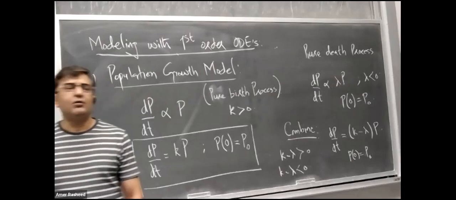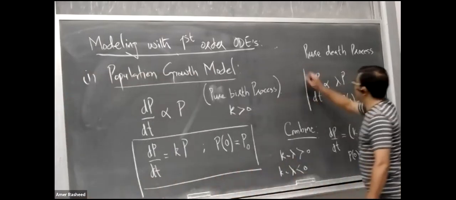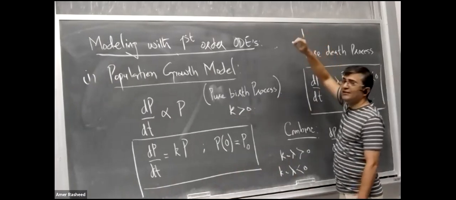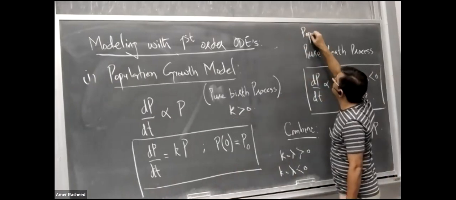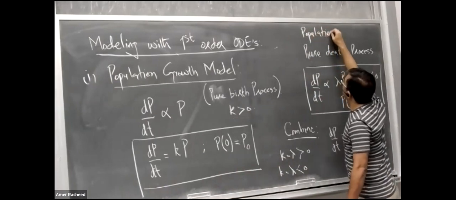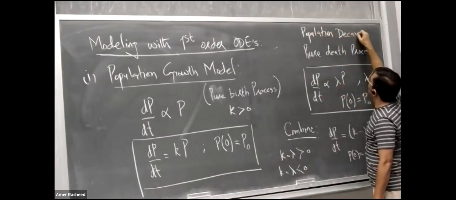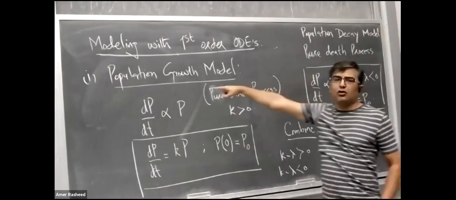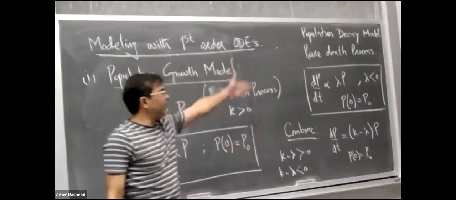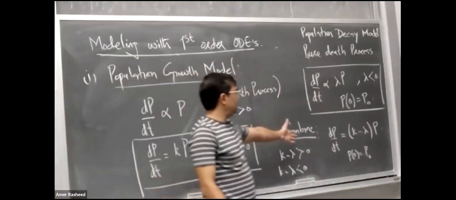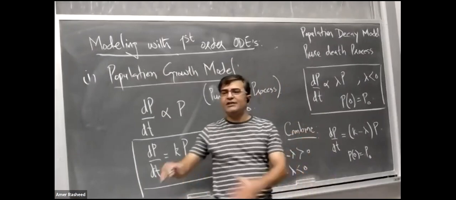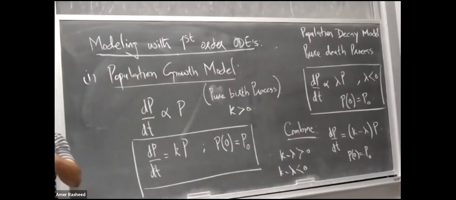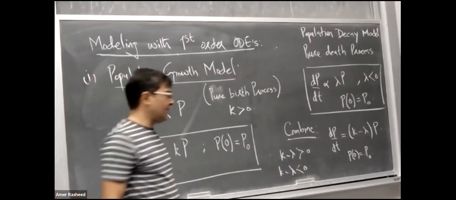Okay, so this model is also called population decay model. That was the population growth model, and that was the population decay model, and this is the combination of these two models, which can incorporate birth as well as death.